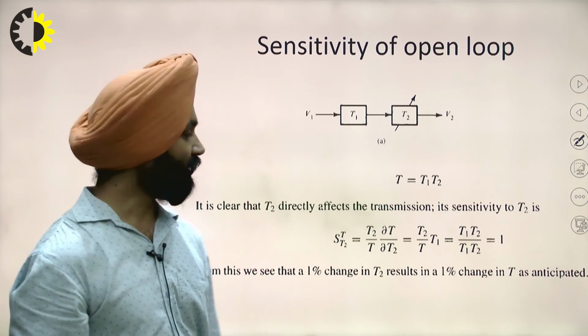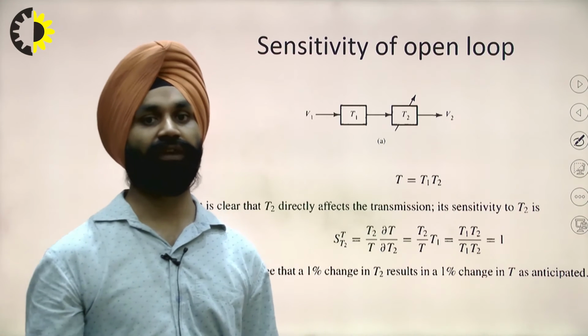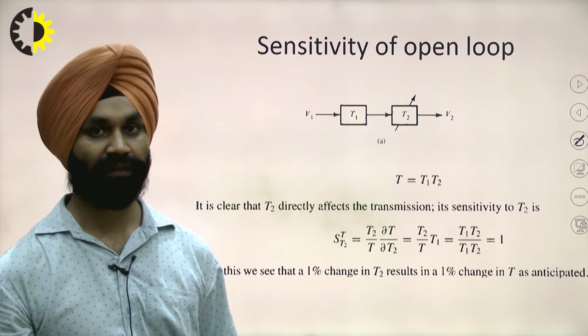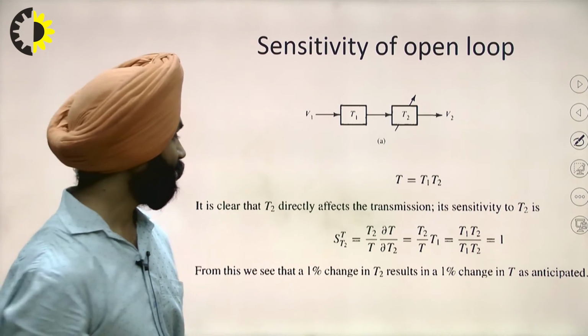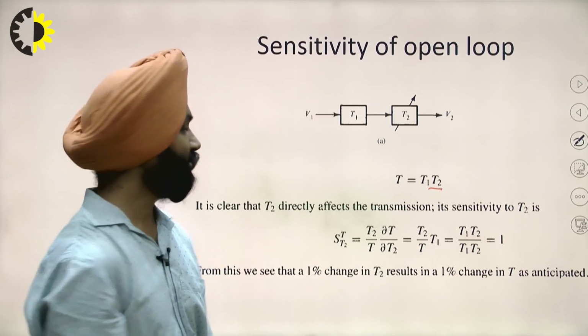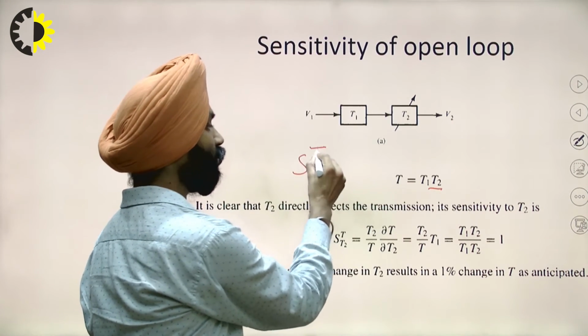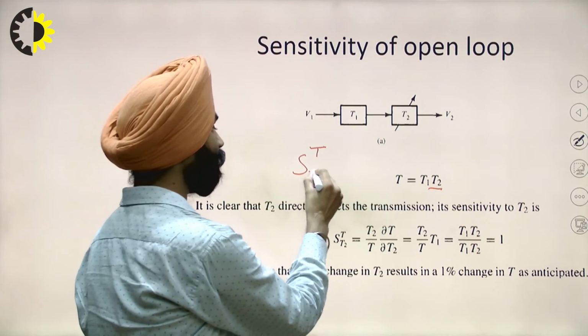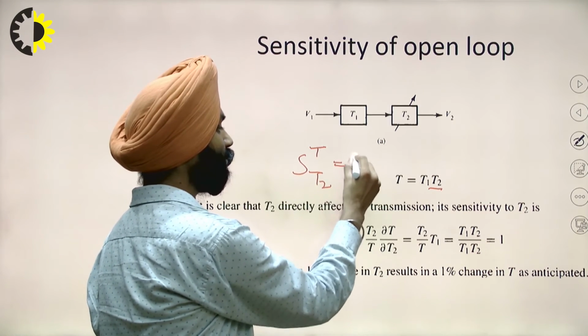So what is the result from this? What can we deduce from this result? The first thing is that the sensitivity of total transfer function with respect to T2 is equal to 1.